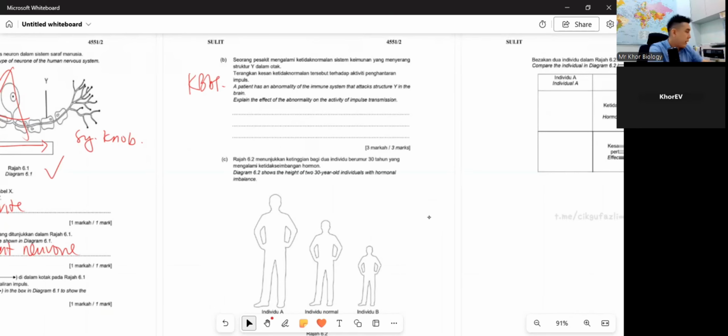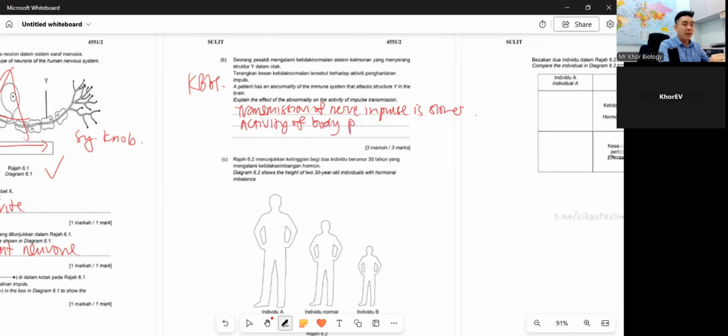Because the myelin sheath is to speed up the nerve impulse transmission, so we say that transmission of nerve impulse is slower, and therefore, we can say that, how many marks? Oh, this one is 3 marks. So you say the activity of body parts is disrupted.